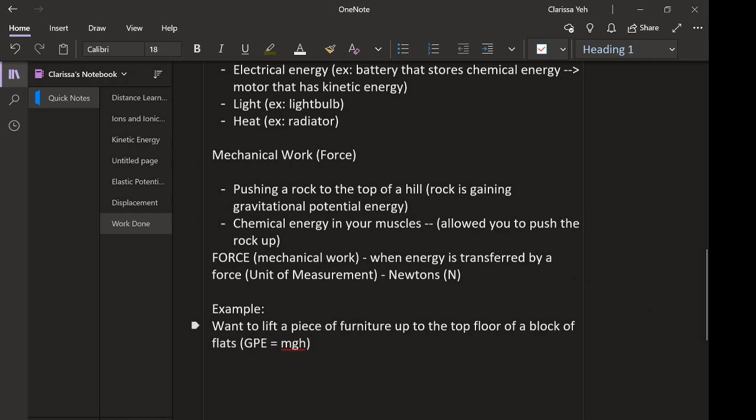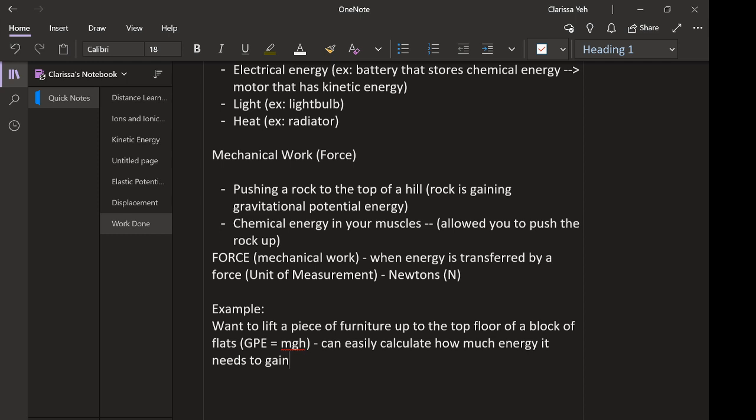If I know the mass of my settee or whatever I'm lifting, my gravitational field strength, which I know on Earth is 9.8, and how high I want to lift it, I can easily calculate how much energy it needs to gain to lift it up to the top floor of a block of flats.